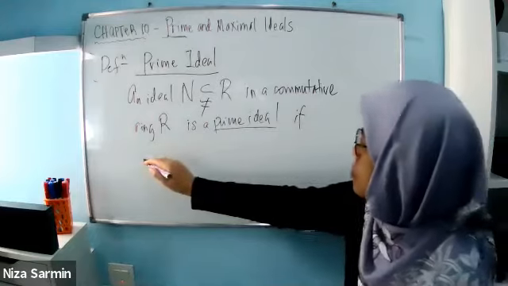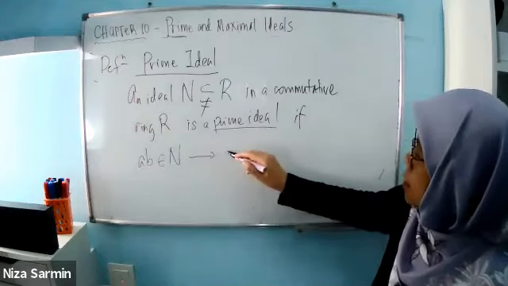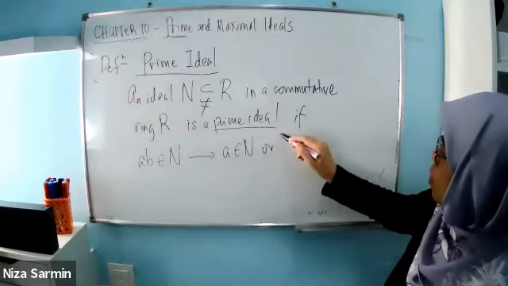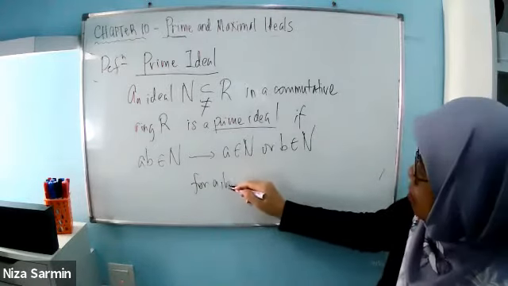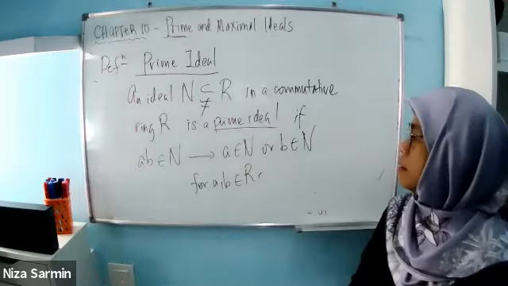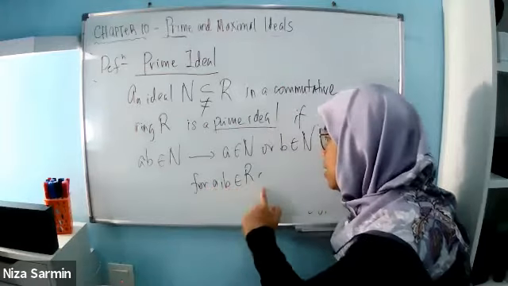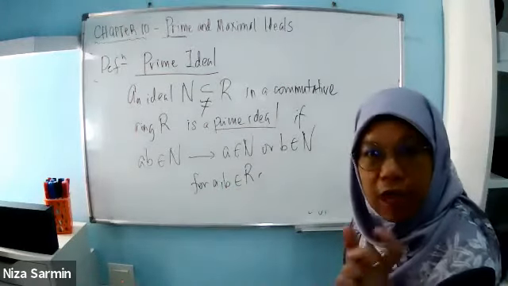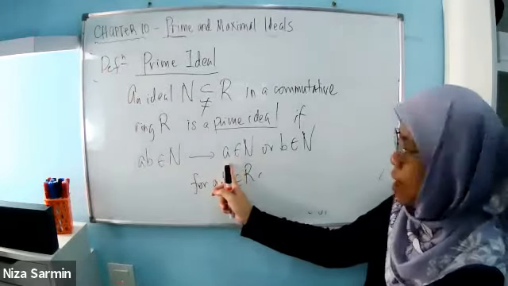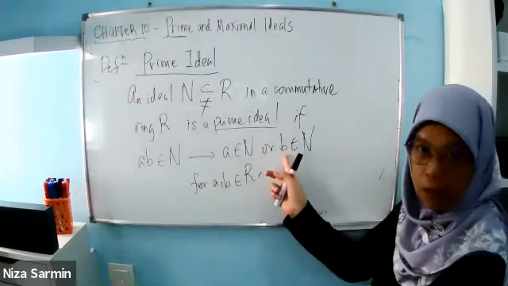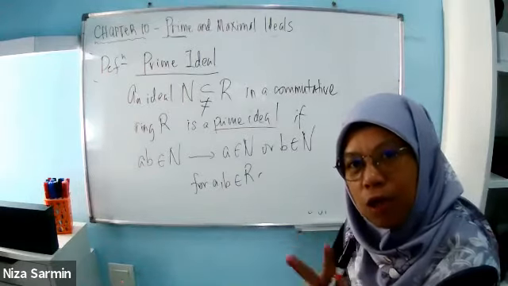if AB is in N implies A is in N or B is in N, for A, B in R. If you have A and B in R, if their product is in N, then either A is in N or B is in N. Remember the or can be either one or both.